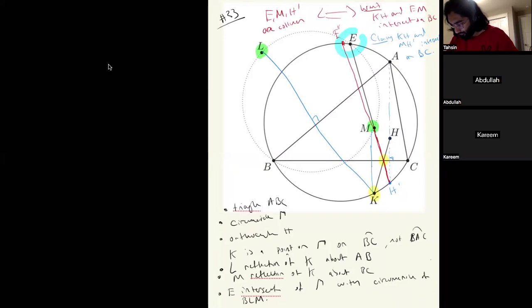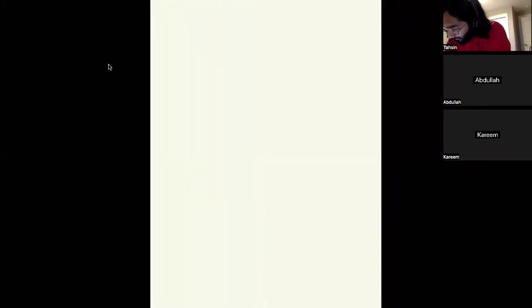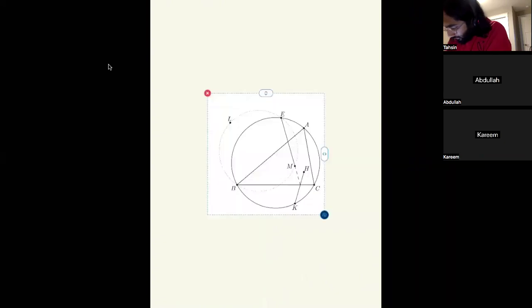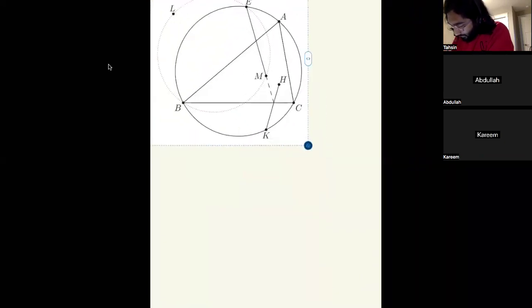Yeah, so what is the idea? What is the strategy? Sorry, I need to just redraw the diagram. So what am I proposing?